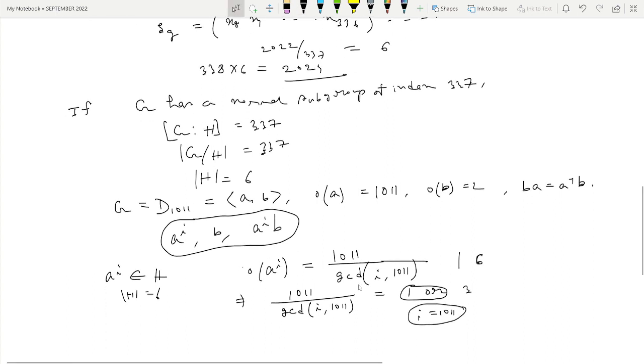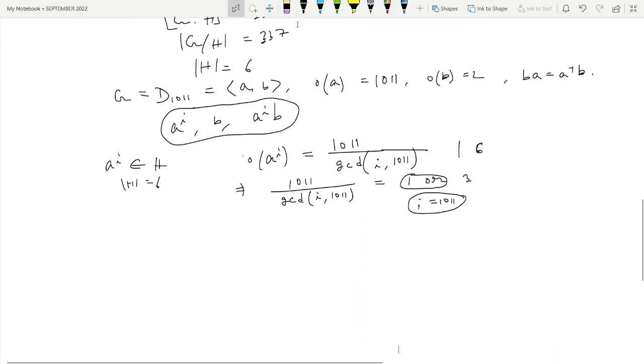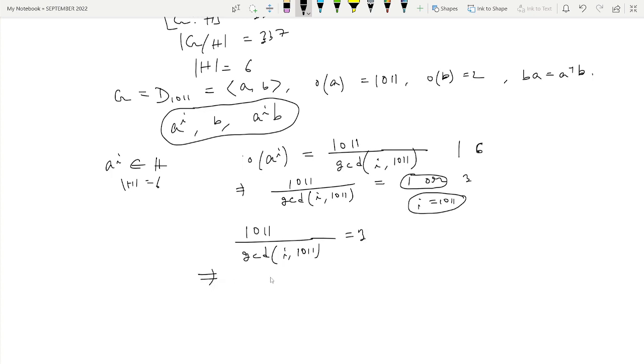So now let us calculate. If it is 3, then what are the possible values of I? So 1011 by GCD(I, 1011) equal to 3 implies 3 into GCD(I, 1011) equal to 1011.